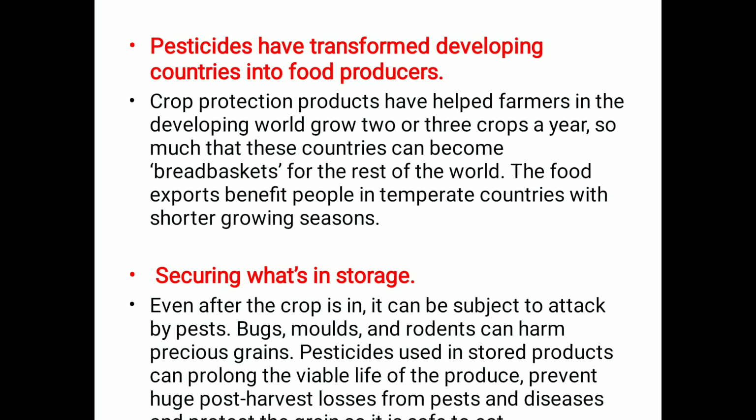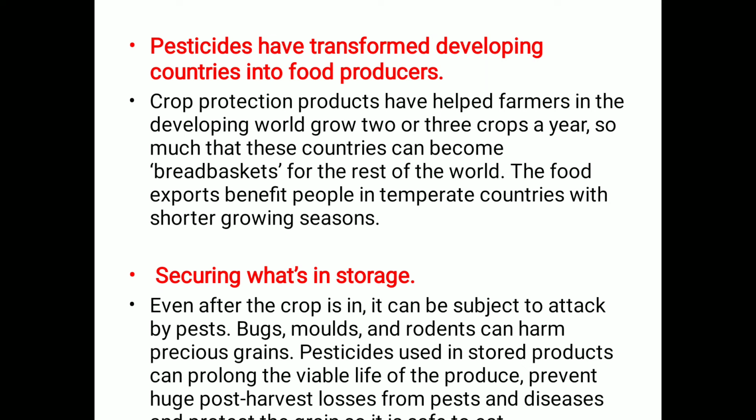Next, pesticides have transformed developing countries into food producers. That means the farmer can grow 3 to 4 crops in a year with crop protection practices and the use of biological agents or natural enemies.